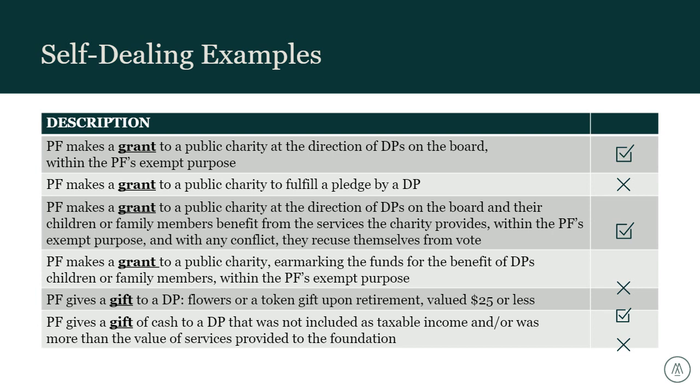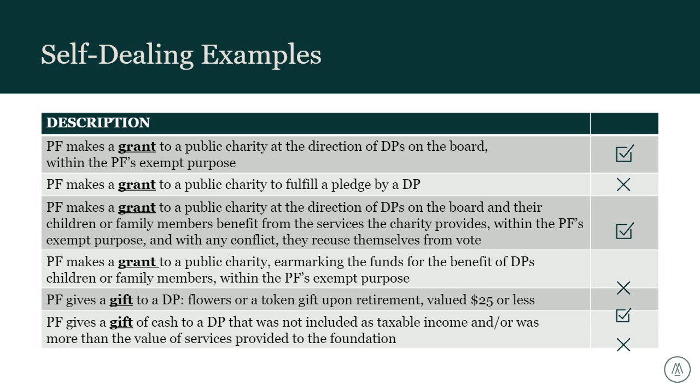And so it's really important to be careful that the private foundation's grant to a public charity, for example, is not to fulfill a pledge made by the disqualified person in the first place. It's also important to make sure that in making a grant to a public charity, you should not be earmarking the funds for the benefit of a disqualified person, their children, or family members.